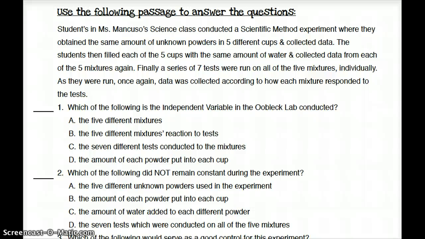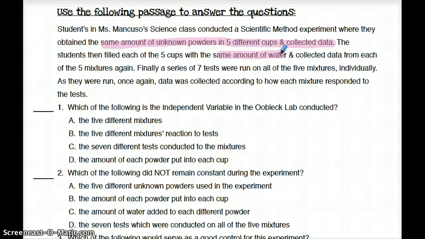It says students in Miss Mancuso's science class conducted a scientific method experiment where they obtained the same amount of unknown powders in 5 different cups and collected data. The students then filled each cup with the same amount of water and collected data from each of the 5 mixtures again.